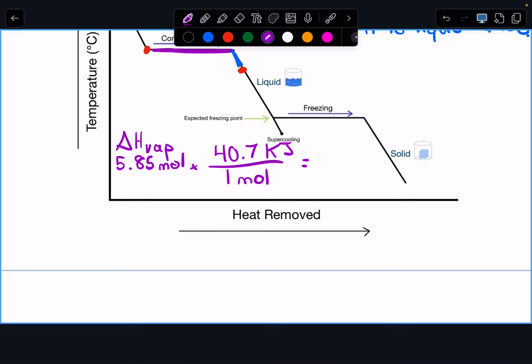I'm going to go ahead and leave this in kilojoules. I didn't specify, but just so you can kind of see a different unit.